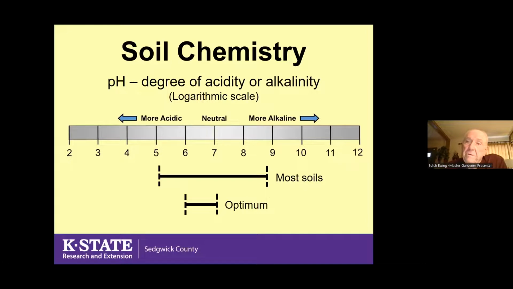So pH is measured and expressed on a scale of 0 to 14. I'm just showing 2 through 12 here on my example, because the ends are so extreme that heaven forbid we should ever see that in our soil. So 7, the midpoint on that 0 to 14 scale, is neutral.